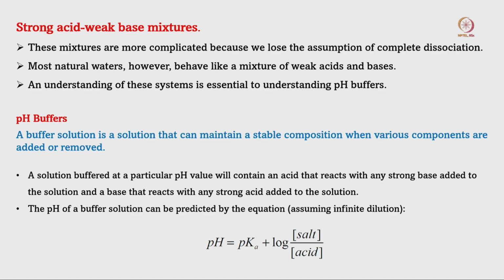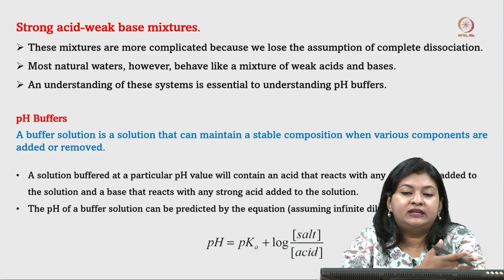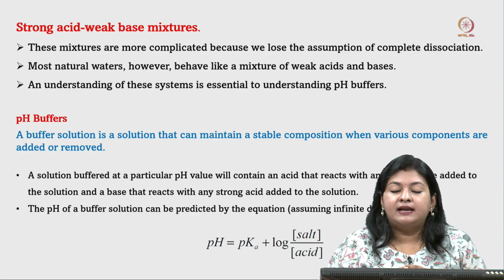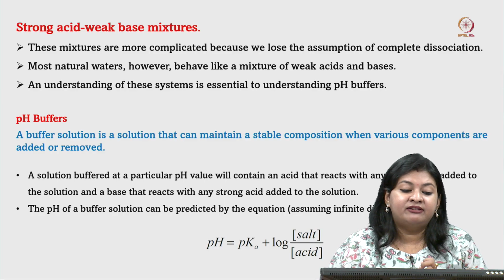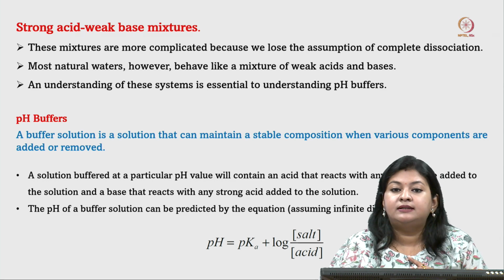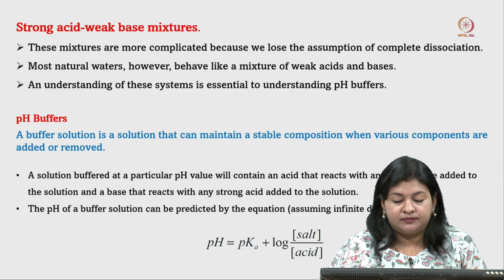Strong acid and weak base mixtures. These are again very complicated, and the complication depends on how it is buffering and how the dissociation happens, whether it is completely dissociating or not. Because if you have a weak base, to what level it is going to accept the proton becomes a question.